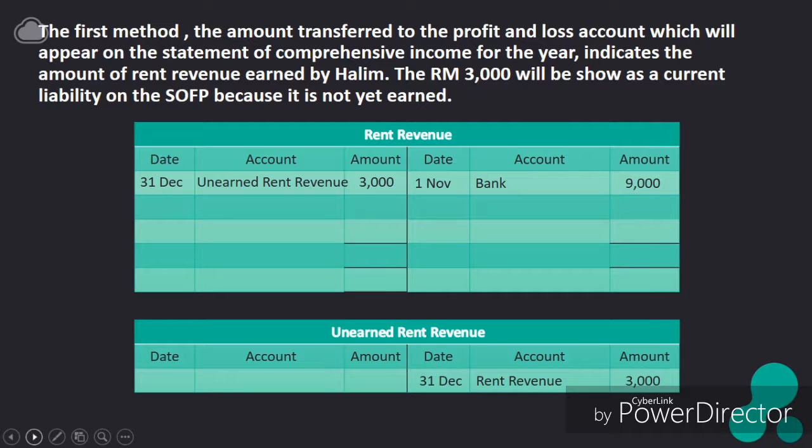Next, we will record rent revenue amount 3,000 in unearned rent revenue account on debit side. Then, we balance the account and the balance we got, 6,000, will be posted to the statement of comprehensive income or statement of profit and loss.